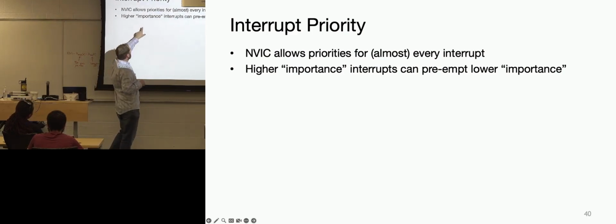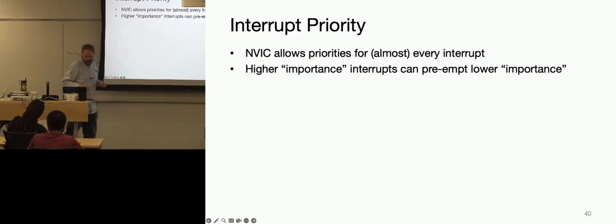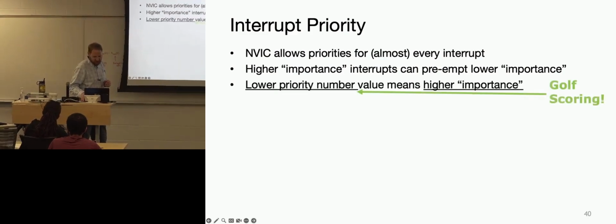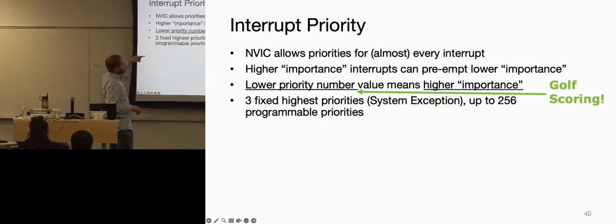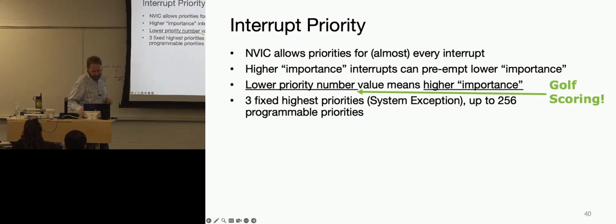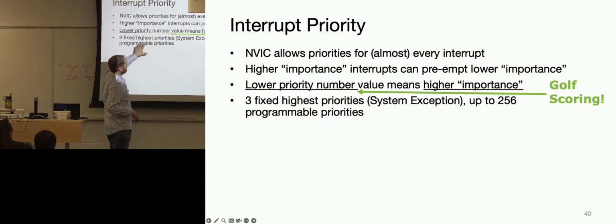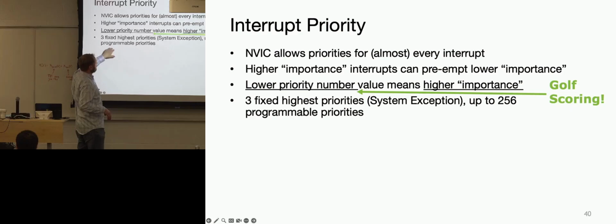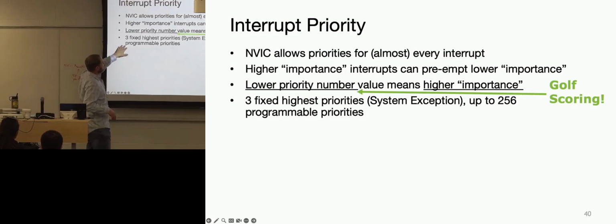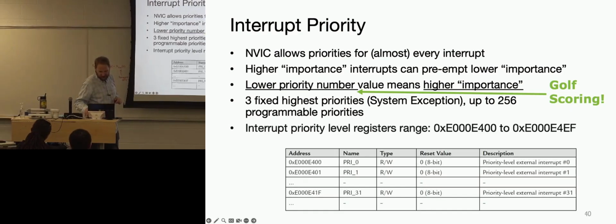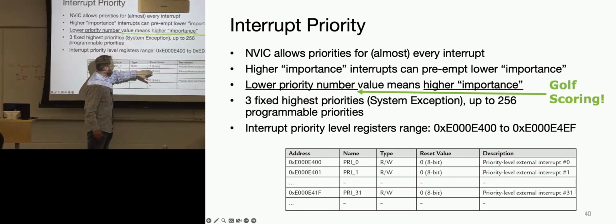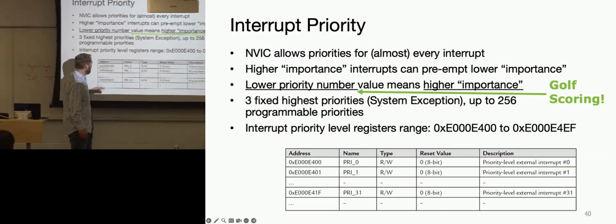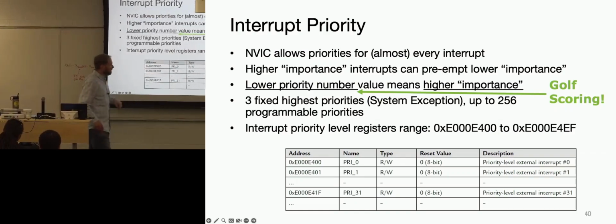Basically, if you have a more important interrupt, you want it to preempt another interrupt. There are a few fixed priority levels, and then you have 256 programmable priorities. There are particular registers for that. They have addresses, and you're going to go through and say, okay, this is how I have 8 bits I want to use to represent the priority number for a particular interrupt.